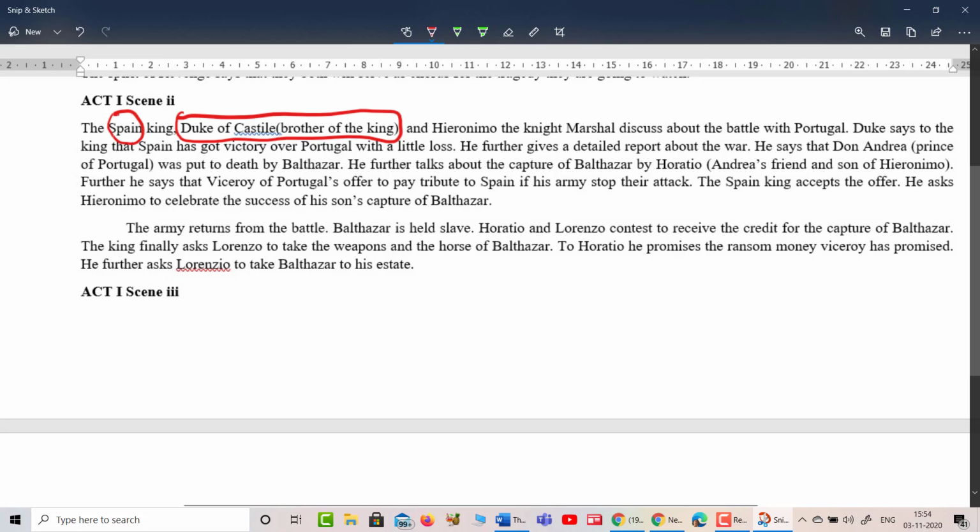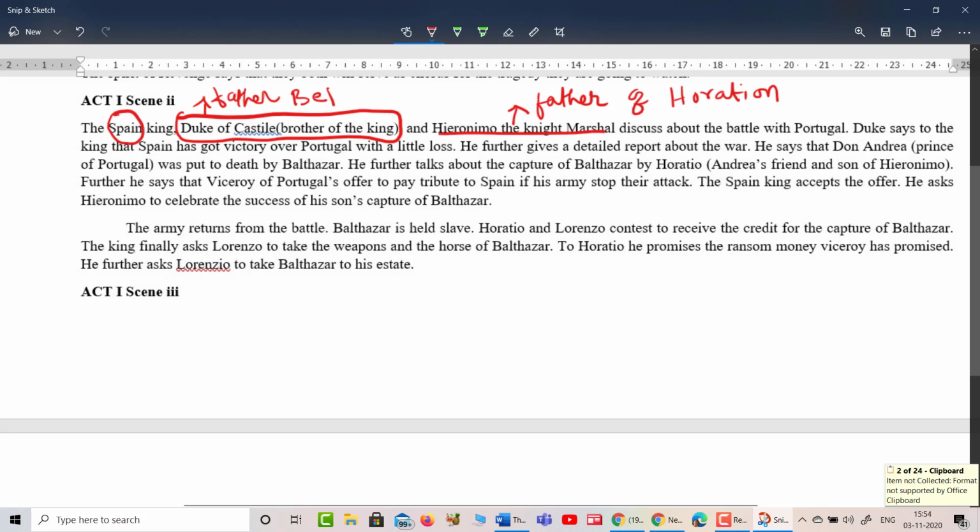And there is his marshal, Hieronimo, the Knight Marshal, who is the father of Horatio. He is the father of Horatio, and the Duke of Castile is the father of Bel-imperia.